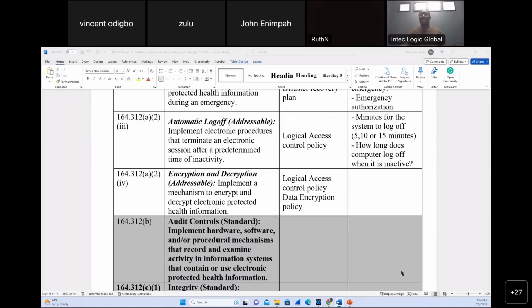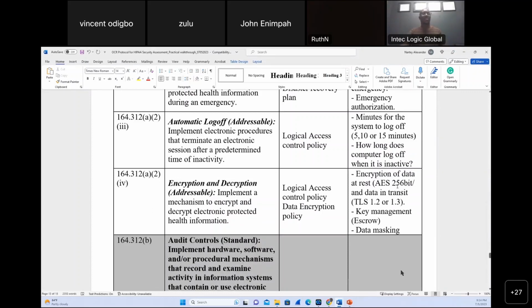So most of the time, if the data is at rest, they use what we call AES, Advanced Encryption Standard, 256 bits, right?